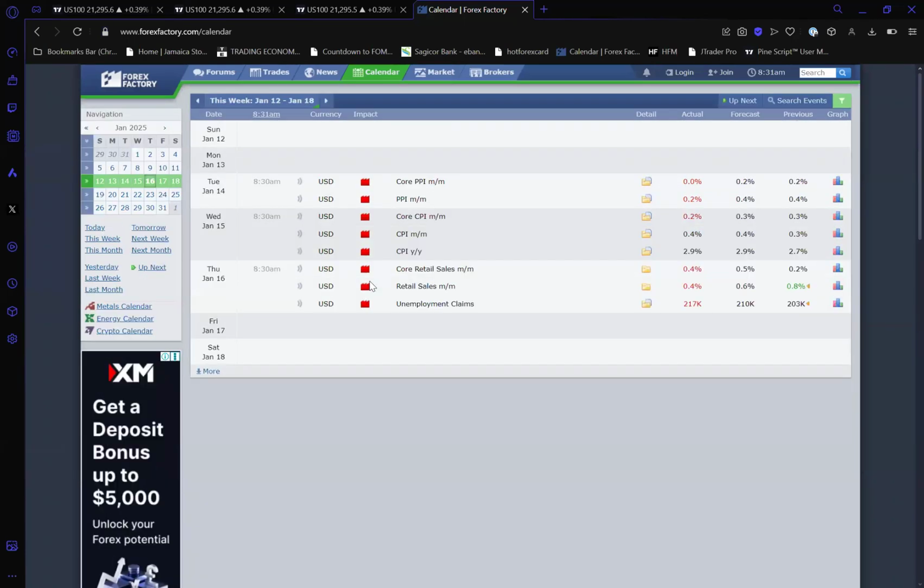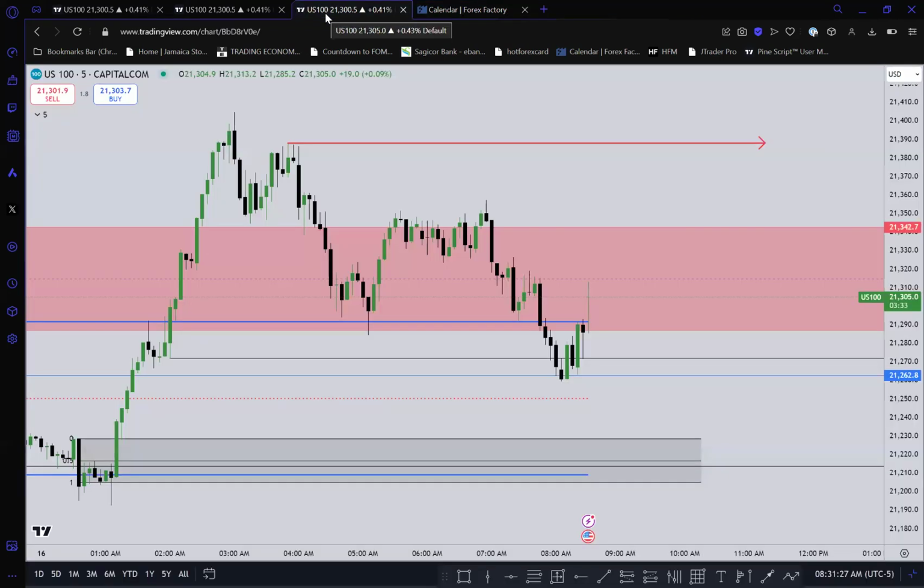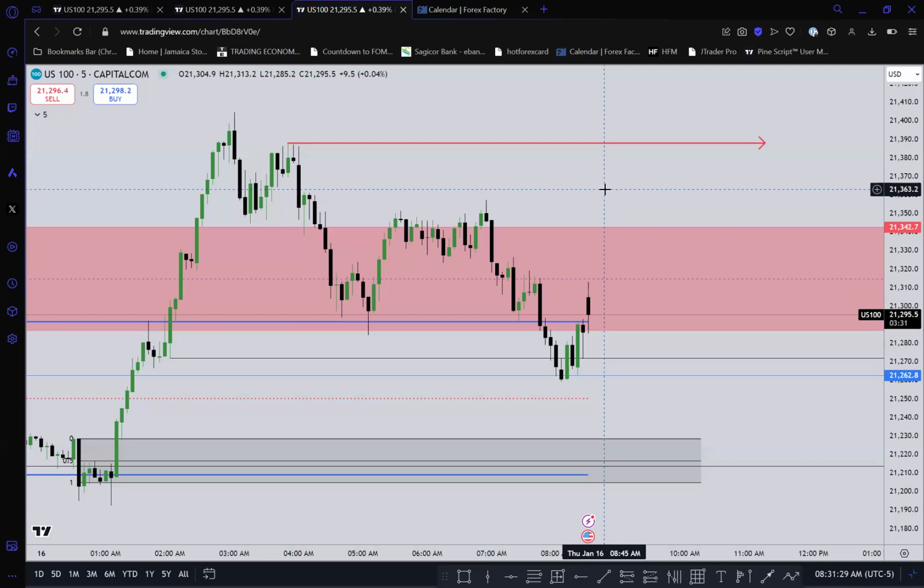What just happened? We have everything coming in under expectation. More unemployment claims. So everything here is bad for the data. Instinctively, bad news for consumers should mean bad news for consumer spending.